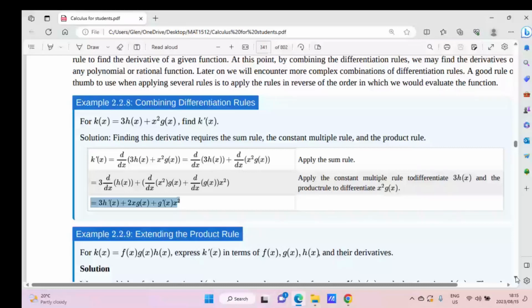Do you really understand example 2.2.8? On my side, Lerato, I completely understand.